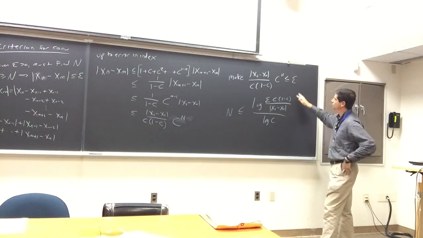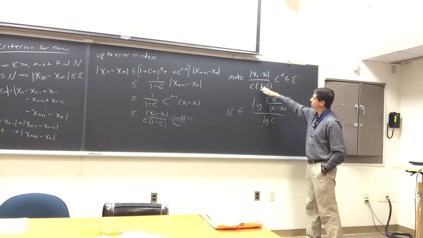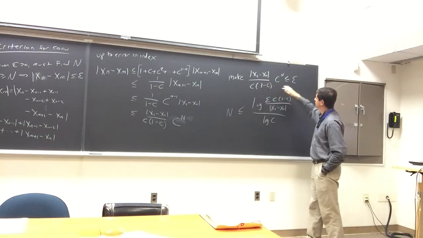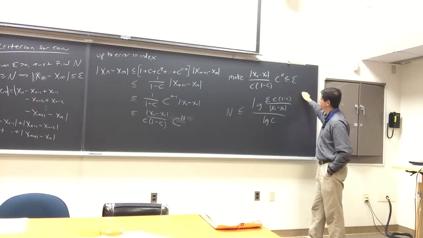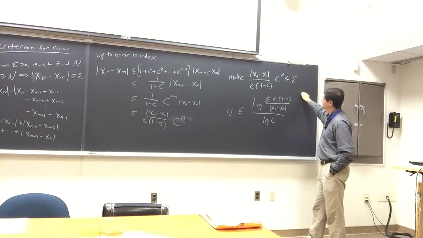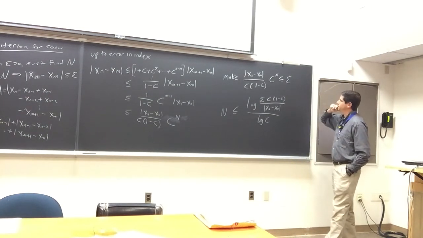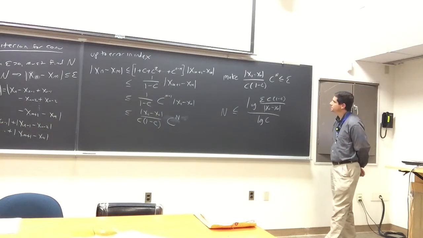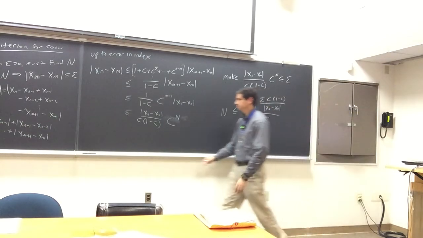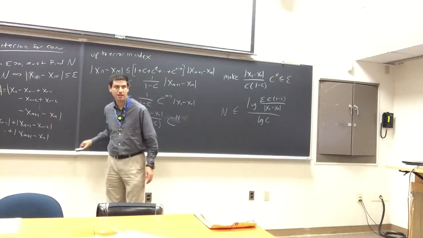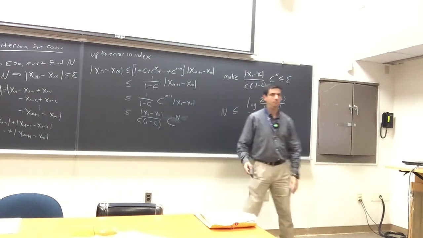There's a negative sign going on here. So this quantity here is definitely going to be negative. Epsilon is less than 1, so the log of epsilon is negative as well. And so I just want to figure out how I do this. Now clearly, since c is less than 1, if I take n sufficiently large, this will be less than 1.